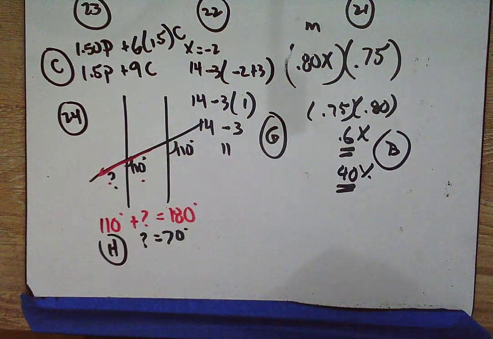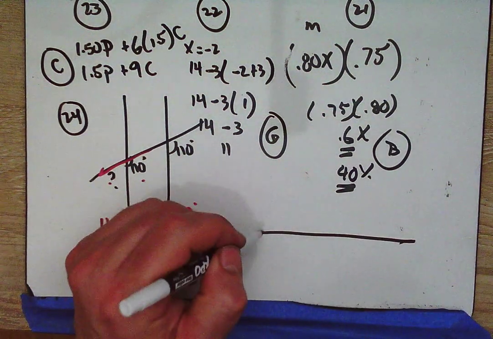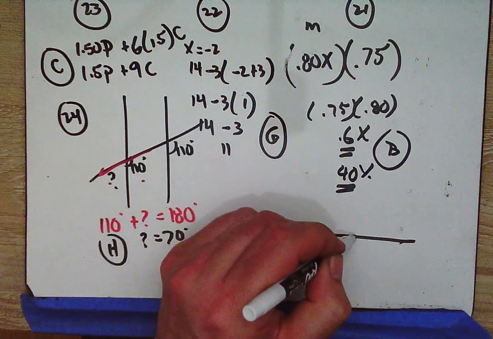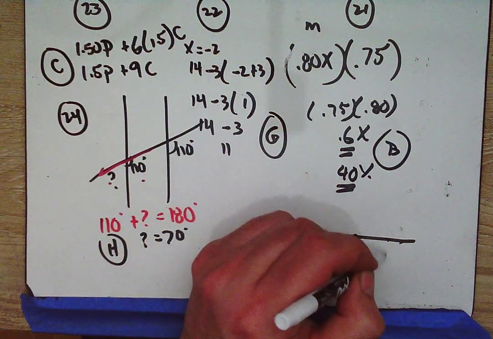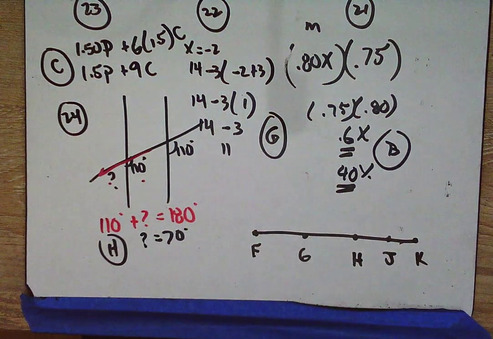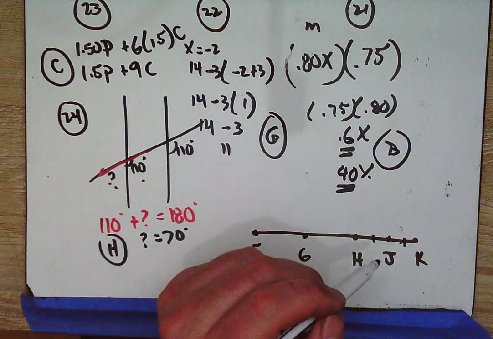How about 25? Well, for 25, we've got this number line with points F, G, H, J, and K on it. We're told that HJ and JK are congruent.